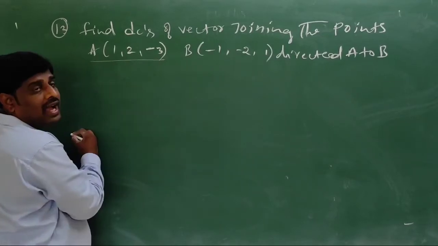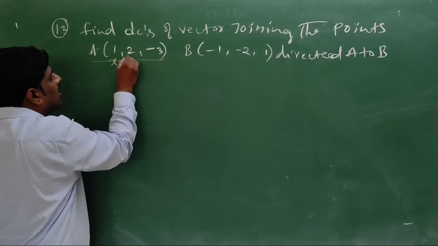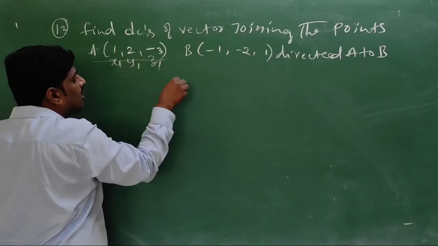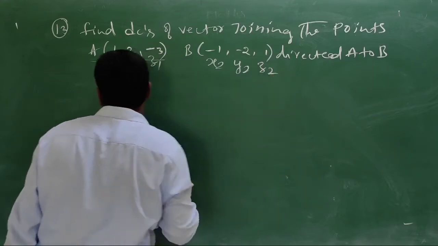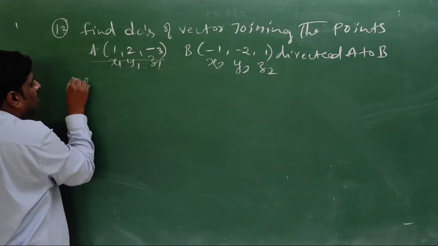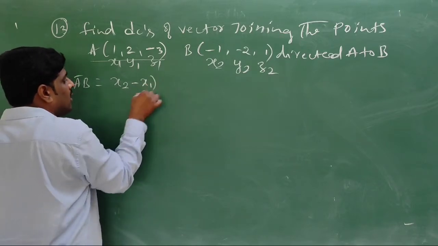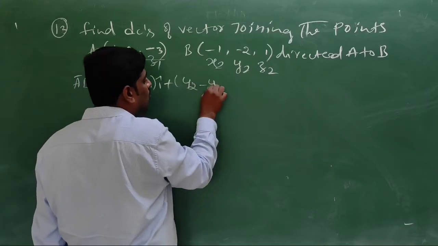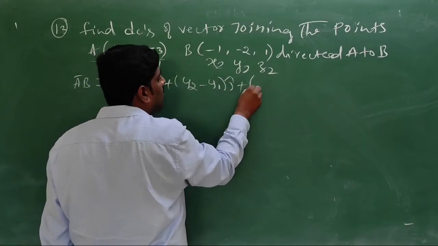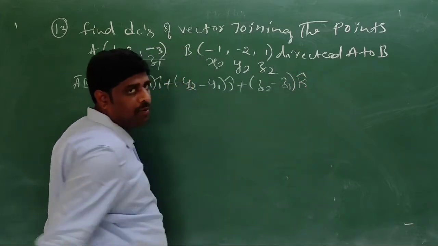Now this one I will take, this is point A, this is point B, with x1, y1, z1, x2, y2, z2. Now I want to find AB bar, the formula is (x2 minus x1) i cap plus (y2 minus y1) j cap plus (z2 minus z1) k cap.